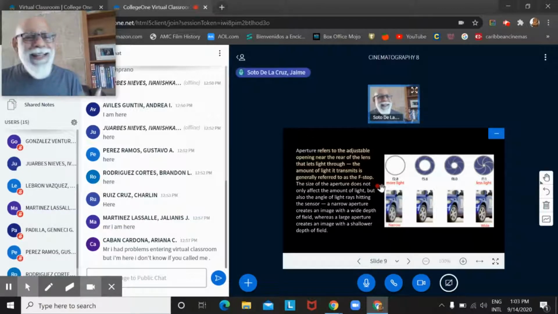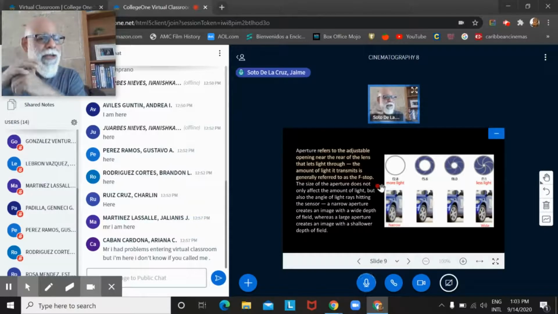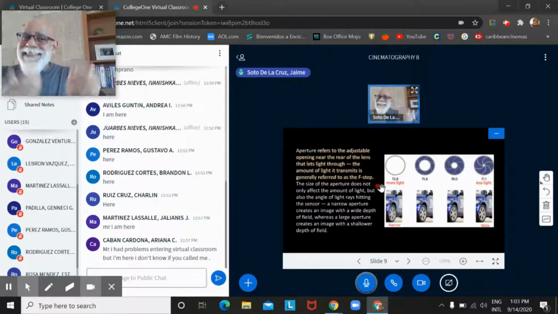When you're shooting in low light conditions, you have to open the aperture as much as possible without, of course, overexposing your image. And you do the opposite when you have too much light. If you're out there shooting an image in the sunny day, then you need to close the aperture of your camera the same way that the iris in your eyes closes to allow less light to enter.